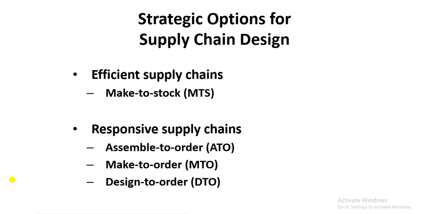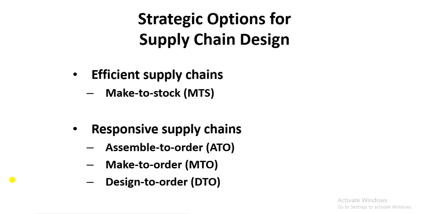The second category is called make to order. In the make to order strategy, the organization has pre-standard designs and the customer can choose any of the designs, but the customer is not involved in the design process. He will be given different options and has to choose only one or two which he is looking for, and based on that choice the company will start making the product according to the customer's requirement.